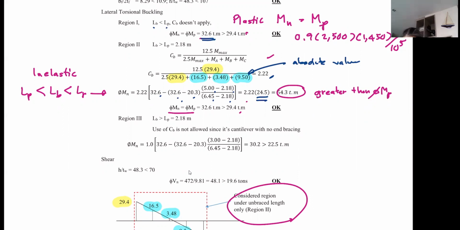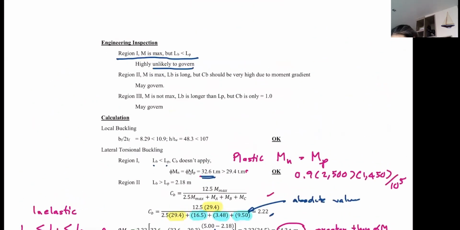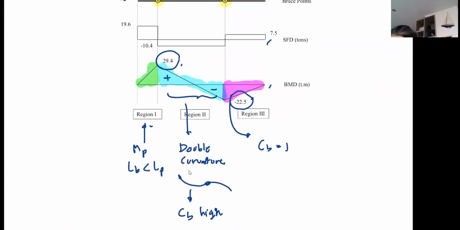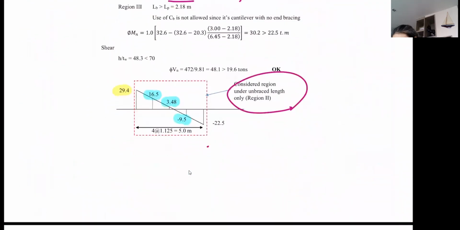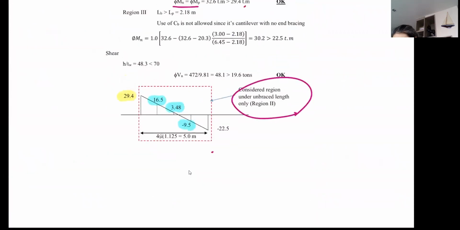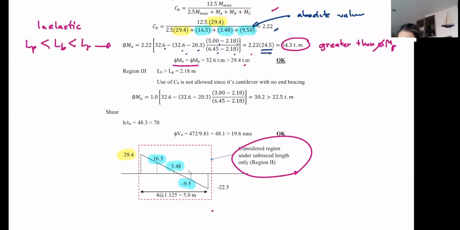All right. So then we move on to region number 3 here. Again, LB is greater than LP because I believe we have 3 meters. So this LB exceeds the limit LP, but not by much. And we are not going to get help from CB this time. Use of CB is not allowed in this cantilever with no end bracing.